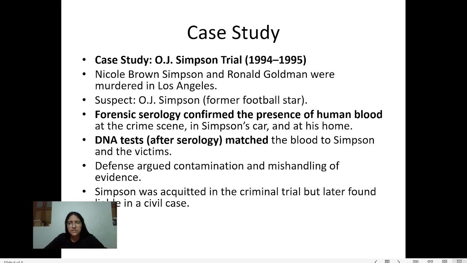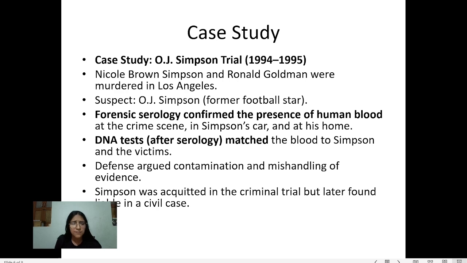O.J. Simpson was a famous American footballer and an actor. He was accused of murdering his wife and her friend. It became one of the most famous criminal trials in the history of forensic serology.